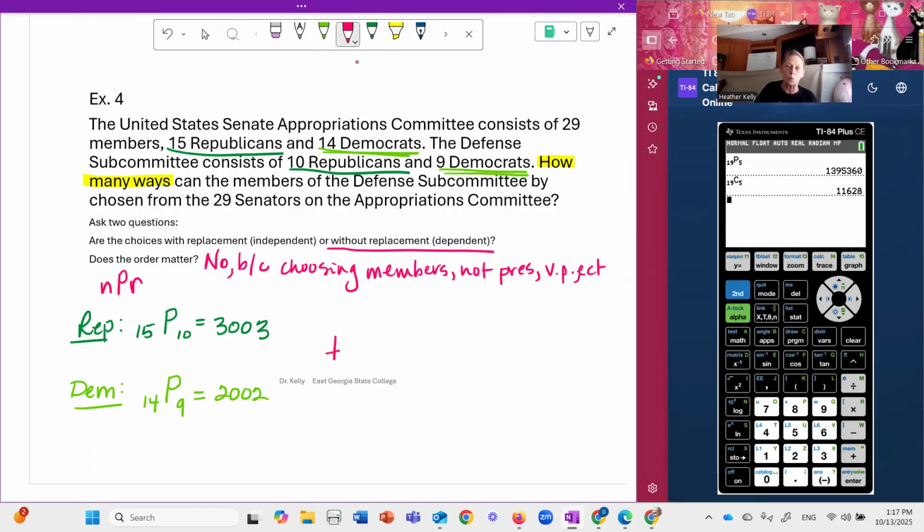And so total ways is just how many are there? This is just like a soup and an entree question. We're just going to multiply it together to decide how many total ways. So we're going to say 3,003 times 2,002. That's going to give us 6,012,006.